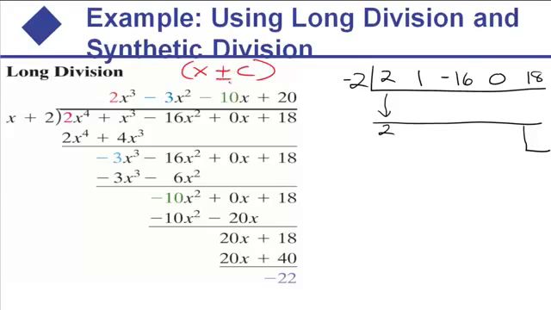The second thing to pay attention to is the number you put here is always the opposite of this number, right? So basically, you're always using synthetic division with x minus c, okay? So over here, x plus 2 is really x minus a negative 2, right?